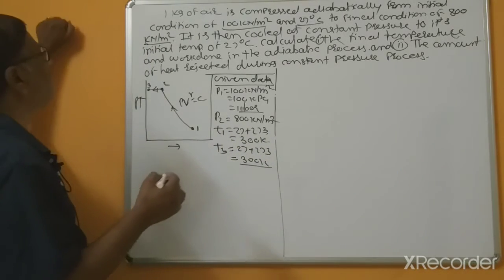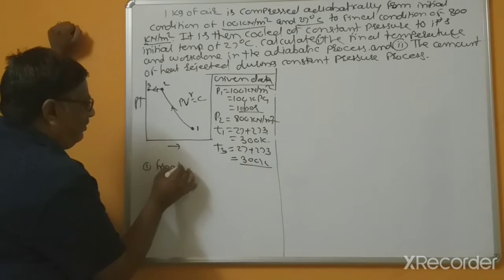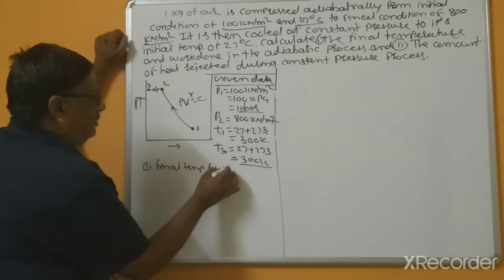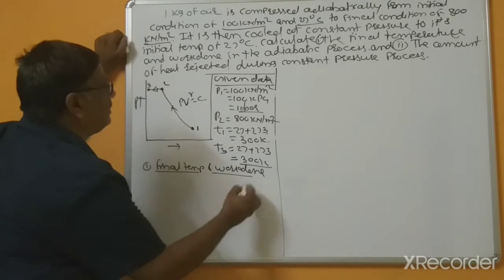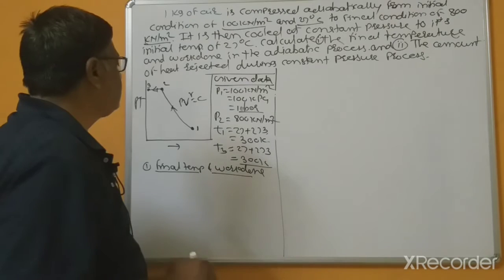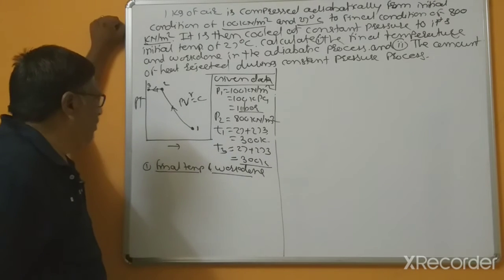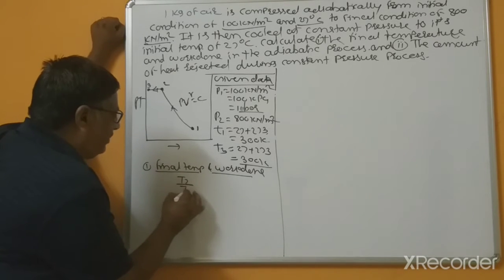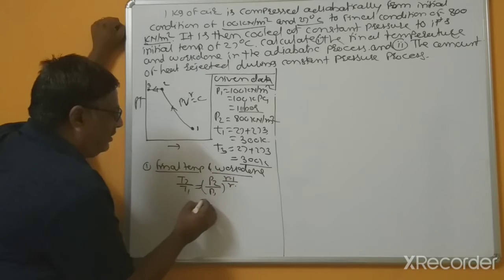Calculate the final temperature, so this is the first bit: final temperature and work done. We will focus on the first bit. Here both pressures are given, so using the relation, T2 divided by T1 equals P2 divided by P1 raised to gamma minus 1 divided by gamma.